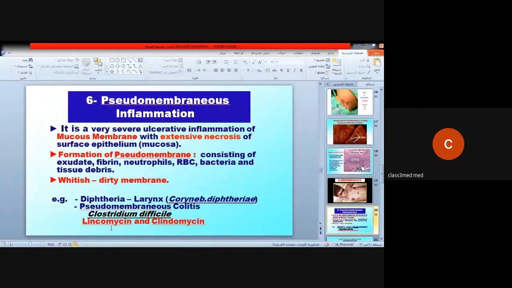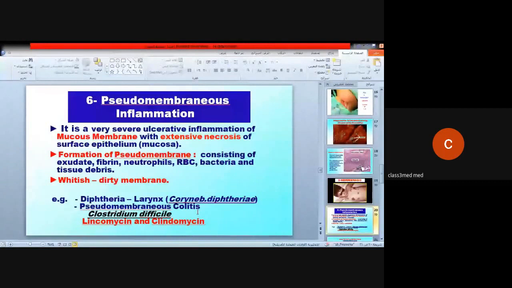Clostridium difficile is normal bacterial flora in the bowel. When we take this antibiotic, it causes overgrowth of Clostridium difficile, which becomes pathogenic, causing pseudomembranous colitis of the colon.